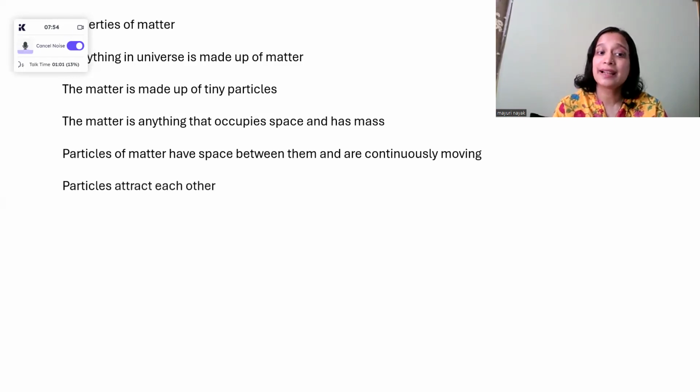Again here, particles attract each other, but we will learn it as we cover how matter is classified. Matter is actually classified into solid, liquid, and gaseous. There we will learn how the particles are attracted to each other. That will be covered in the next topic.